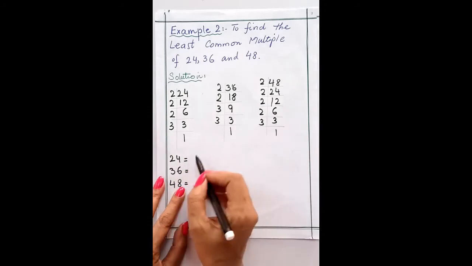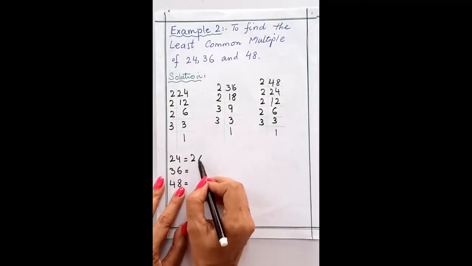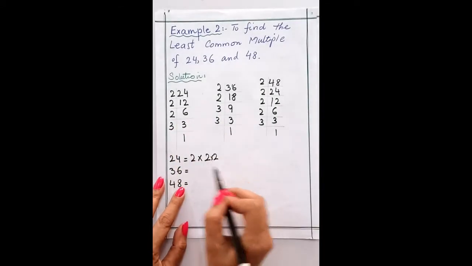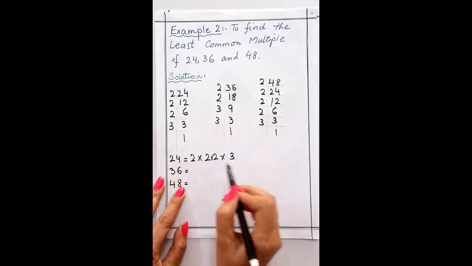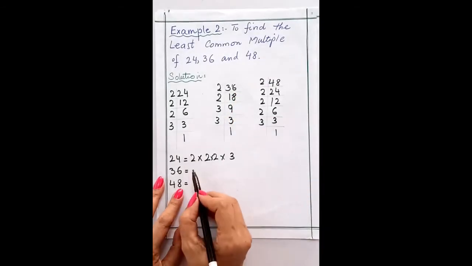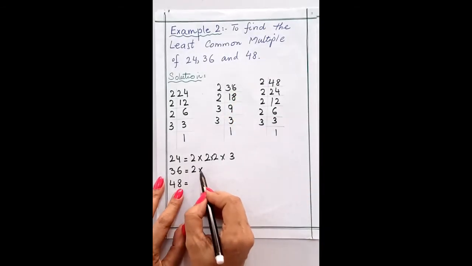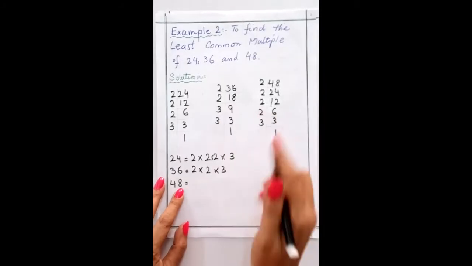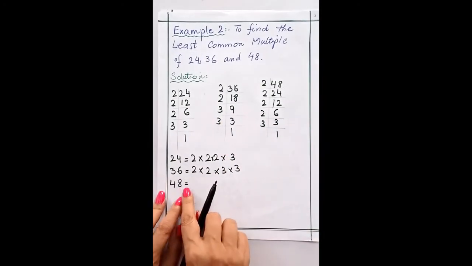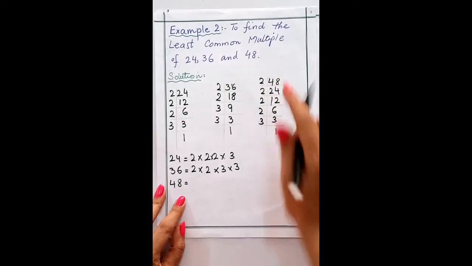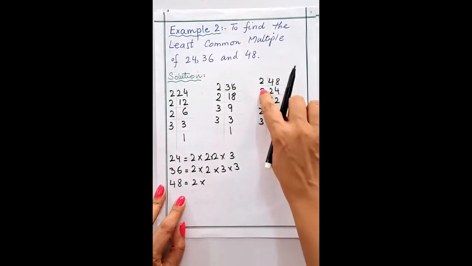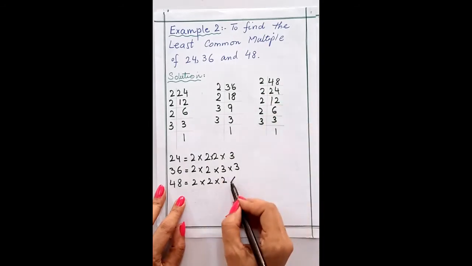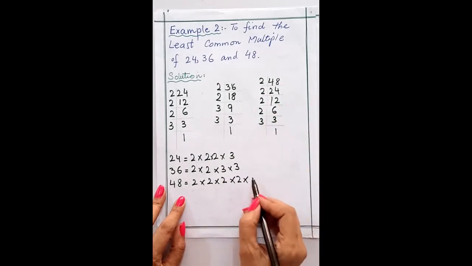Prime factors of 24 are 2 multiply by 2 multiply by 2 multiply by 3. Factors of 36: 2 multiply by 2 multiply by 3 multiply by 3. Factors of 48: 2 multiply by 2 multiply by 2 multiply by 2 and then 3.